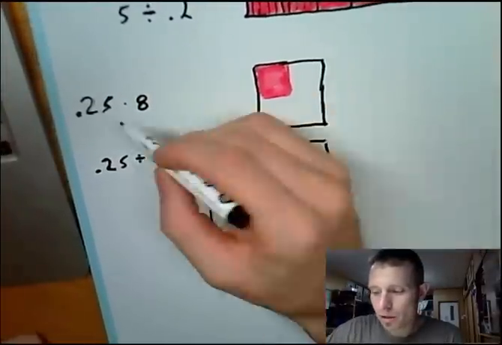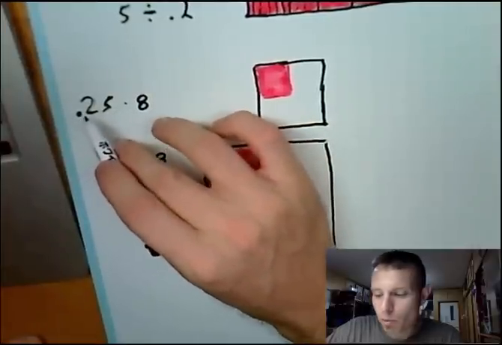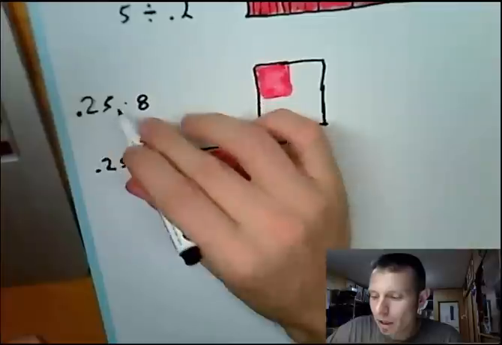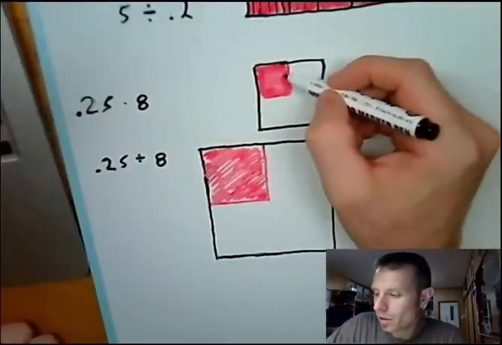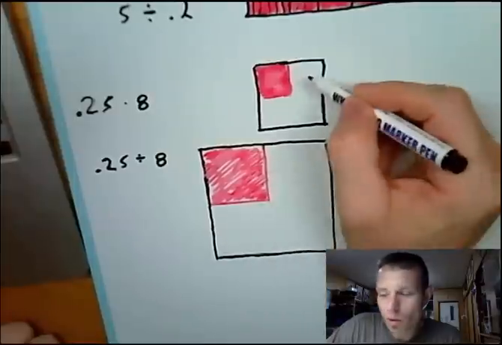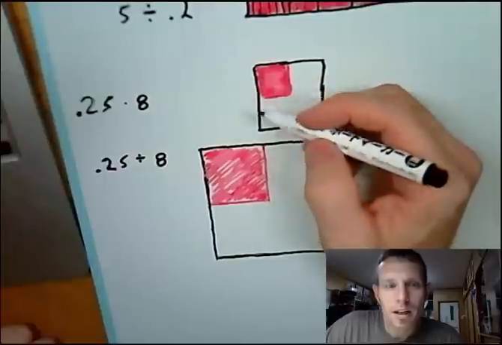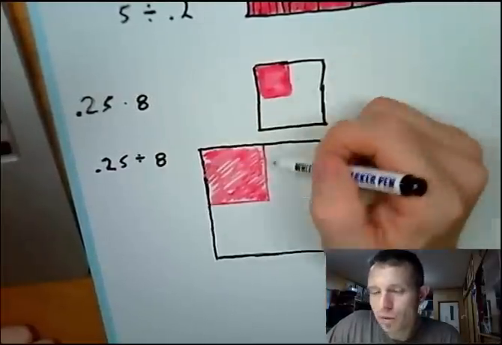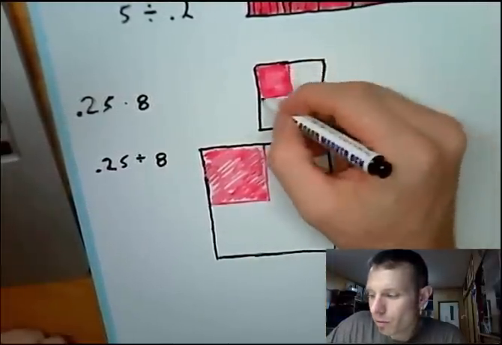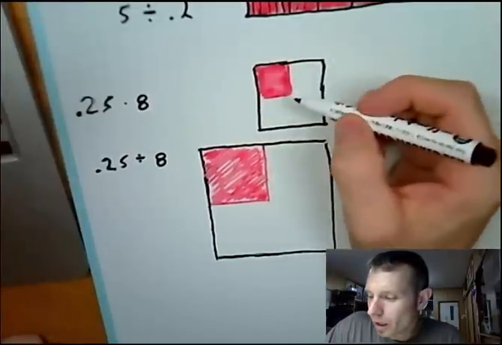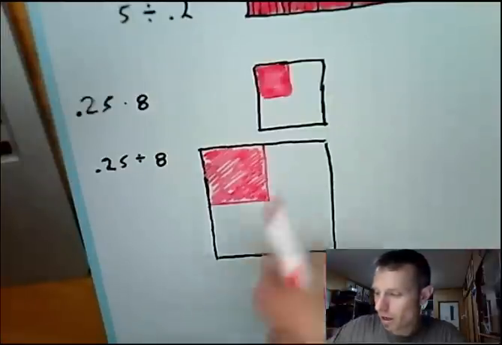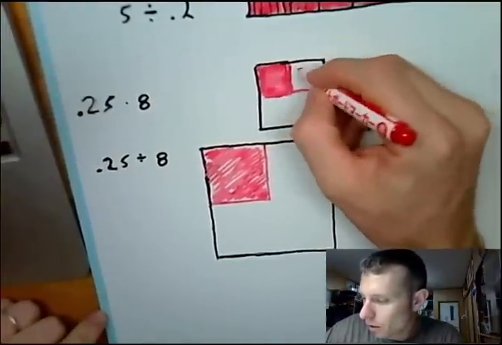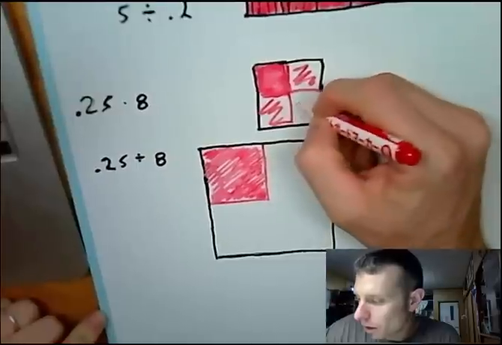Okay, next example. Let's go the other way. In a sense, we have a decimal 0.25, and we're going to multiply 0.25 times 8. Okay, so here is the whole single unit. This square represents 1 unit, and this red portion represents 0.25 of that whole unit. And so if we take this 0.25 and then we have not 1 but actually 8 of those, you're going to have 1 here, and then this one's going to be another one, and here's another one here.